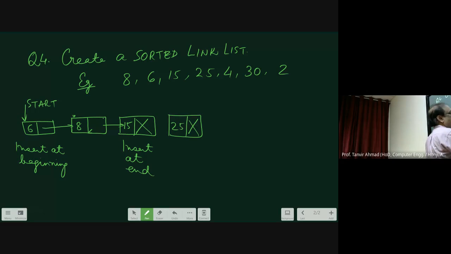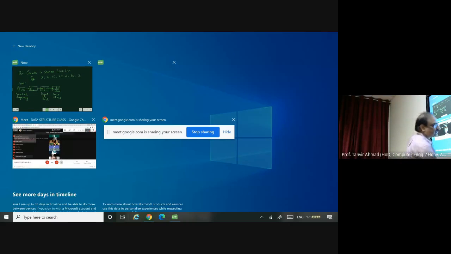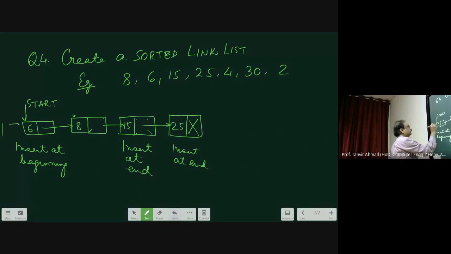Again same will happen. Insert at end. Then 4. Again 4 will be inserted here. Then you will get say 30, something over here.